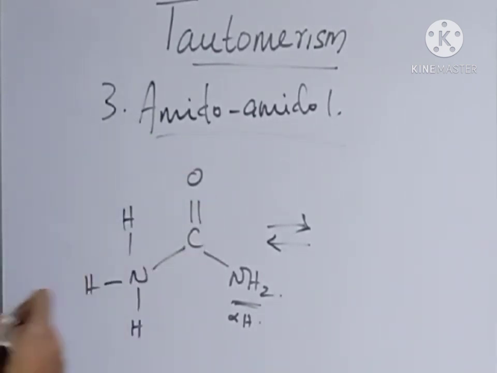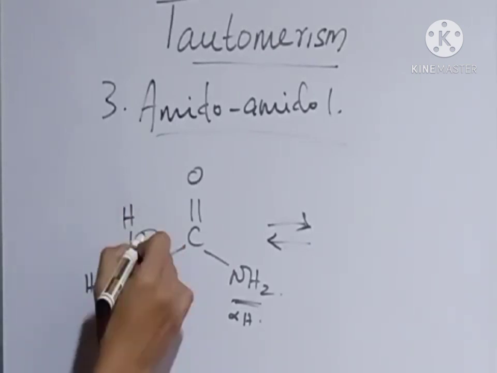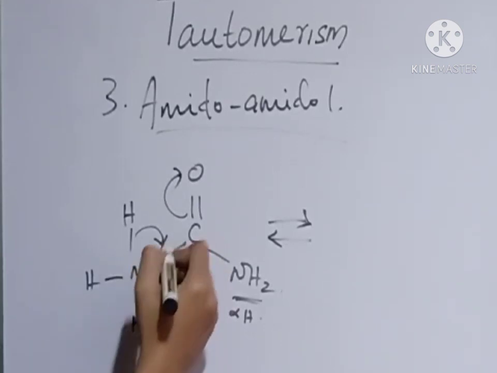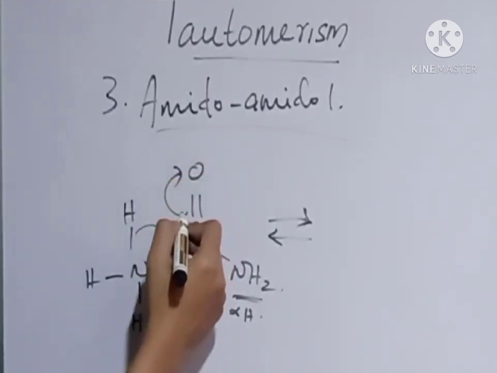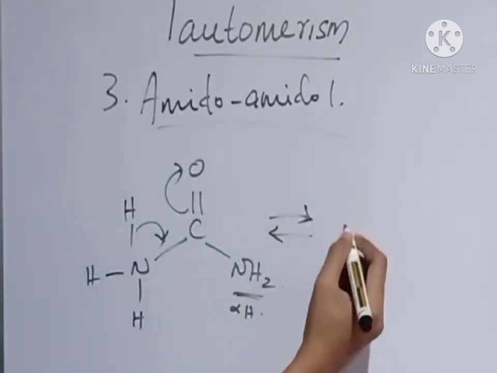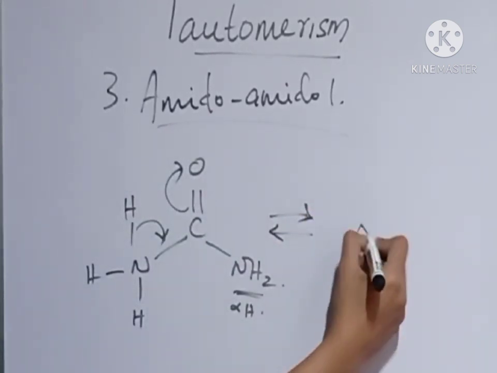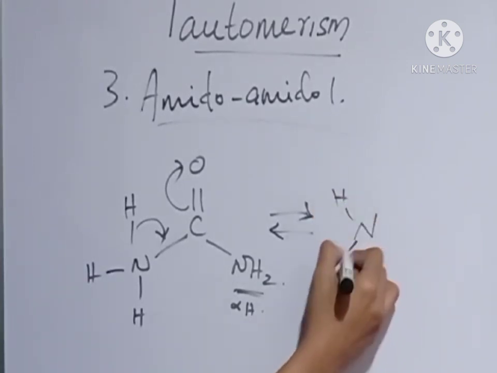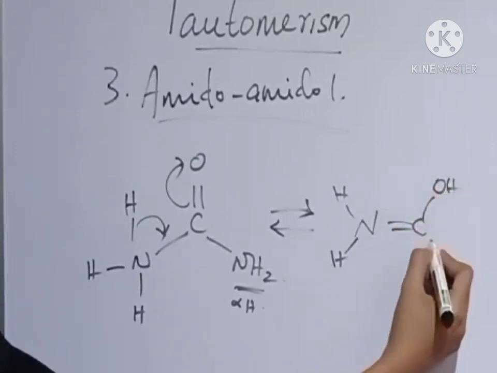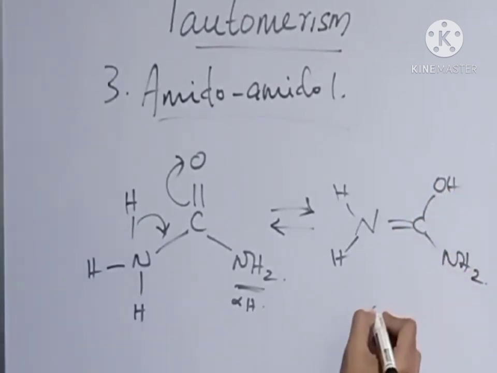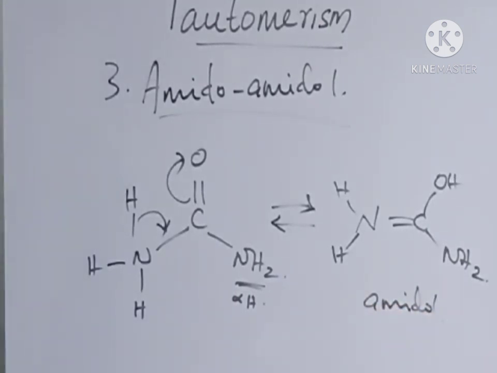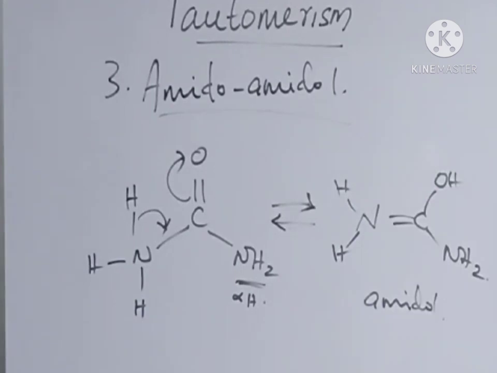So if you draw the tautomer, this hydrogen is shifted between nitrogen and carbon, and at the same time the carbon-oxygen double bond shifts towards oxygen, and the tautomer will be like this: NH double bond C, OH, NH2. This is amidol. Okay, these are some examples coming under tautomerism.